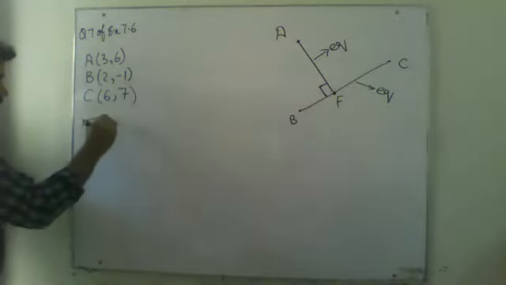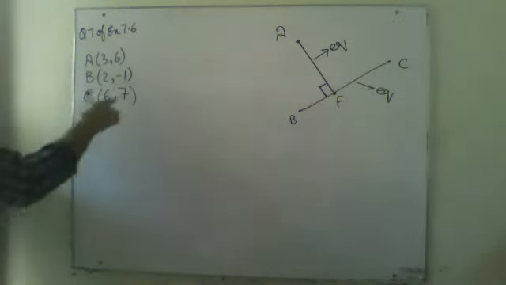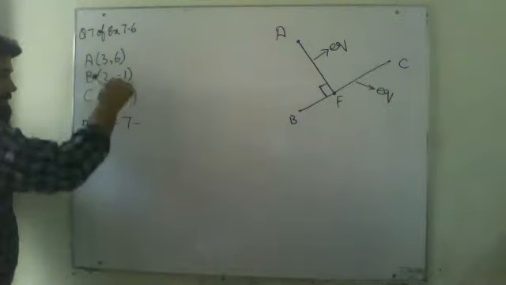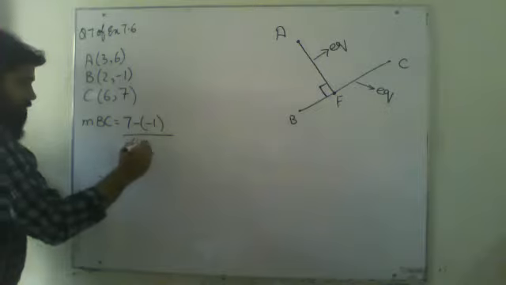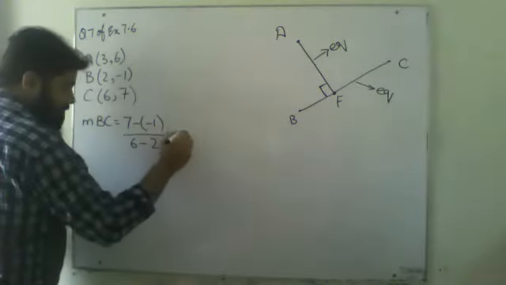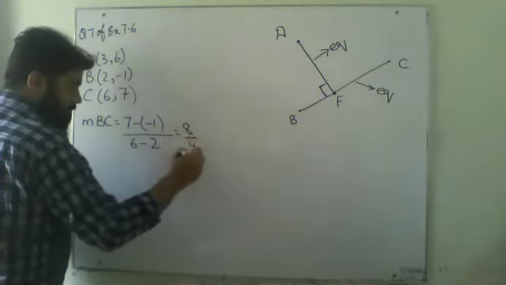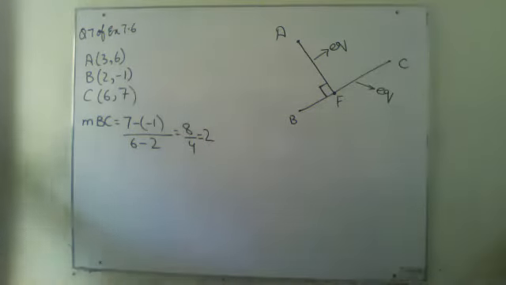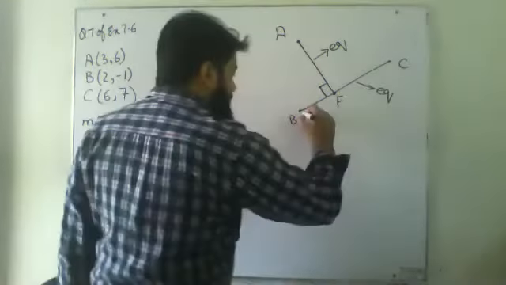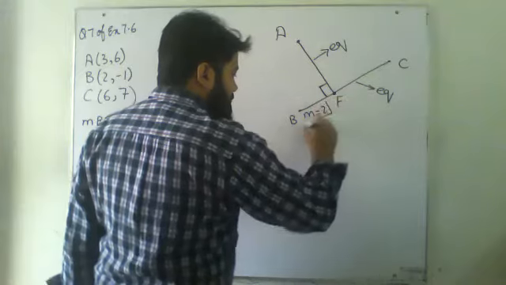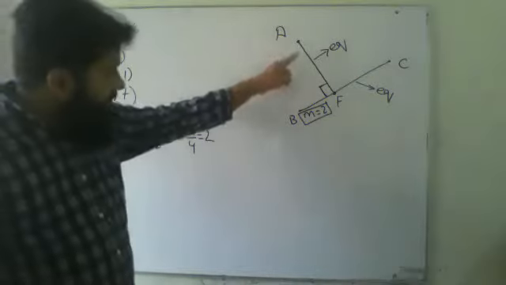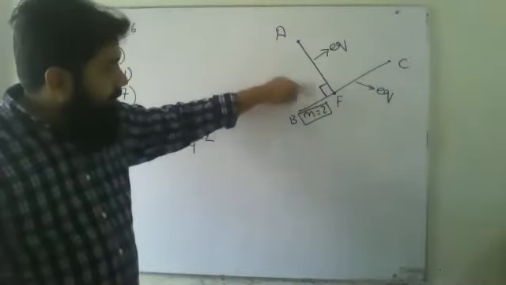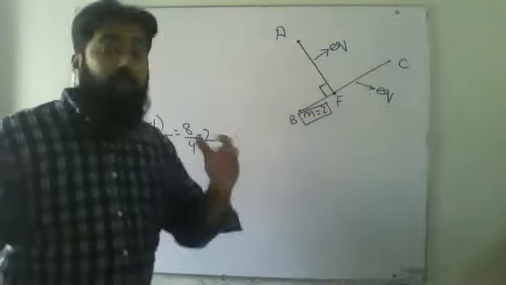Gradient of BC is y2 minus y1 upon x2 minus x1. Gradient of the line is coming 2. Now, this line is perpendicular to this line, because they are saying foot of perpendicular.